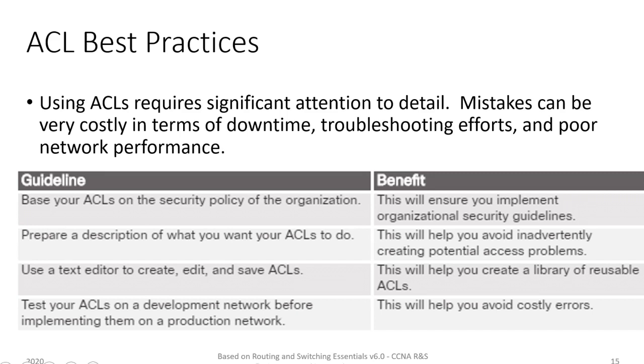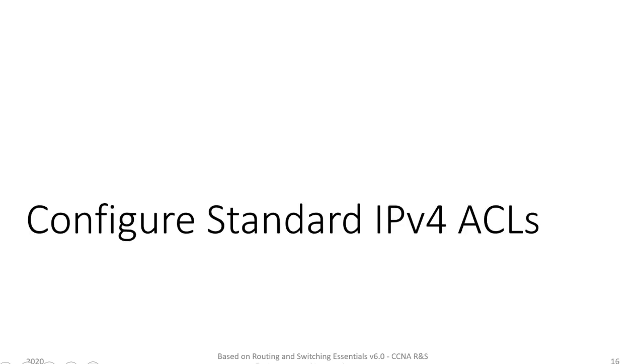They can create significant downtimes, block certain traffic from hosts, and so on. So we have to be careful when we are implementing ACLs in routers. Now let's look at how we can go about creating some access control lists.